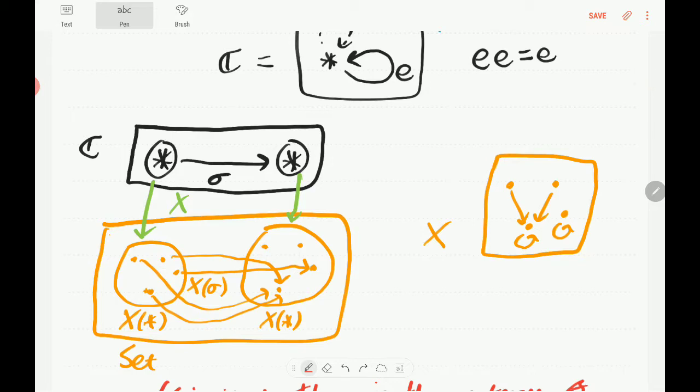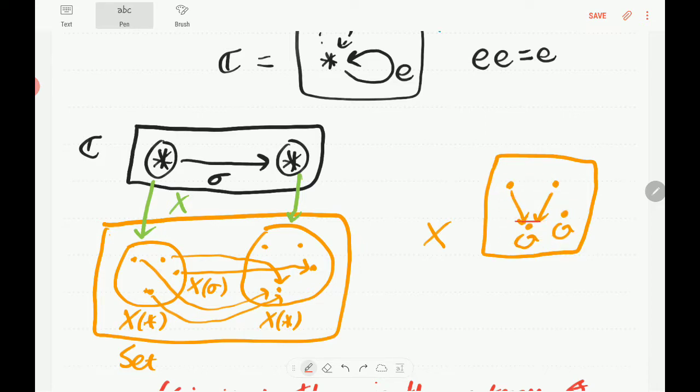It involves a function X of sigma from a set X of star to itself, which has the property that if we apply this function twice, it's the same as applying it once. So what that essentially means is that if we draw out this update function, everything goes to a fixed point within one step.